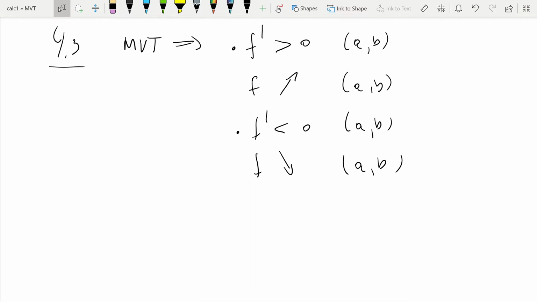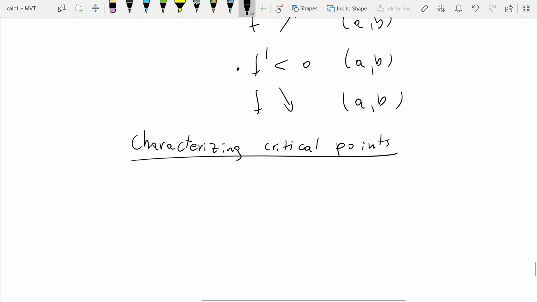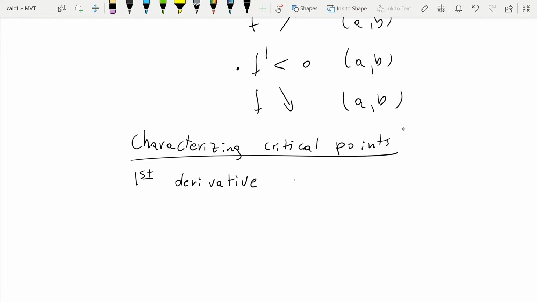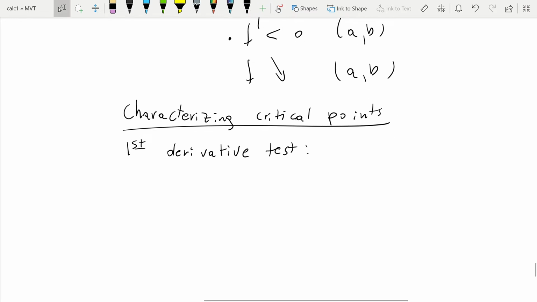Now, for the characterization of critical points, we use what's called the first derivative test. And what does it say?